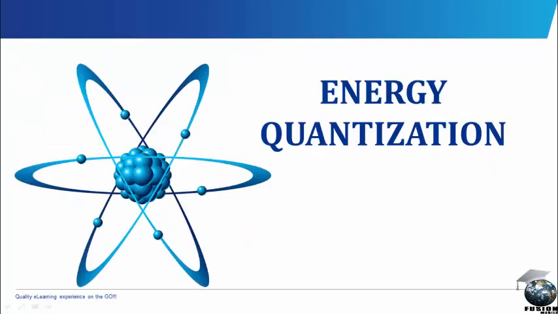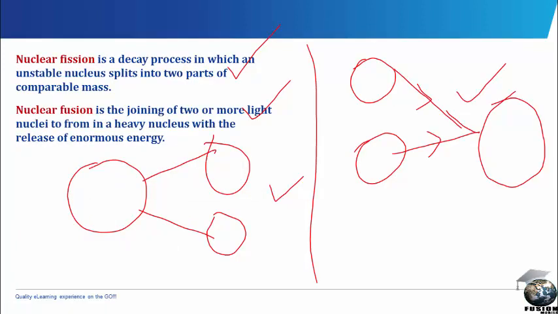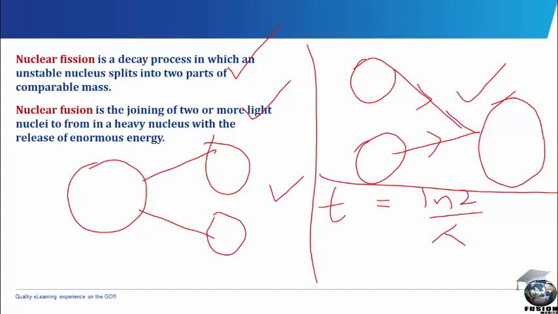Then before we go into energy quantization, my dear, I would like you to take a critical look at the half-life of an element. Half-life T is equal to ln2 over the decay constant, where ln2 is 0.692.